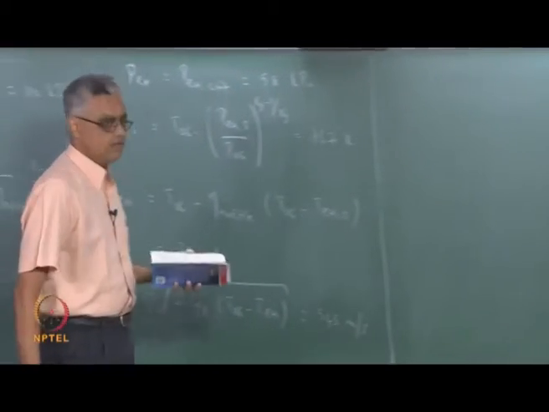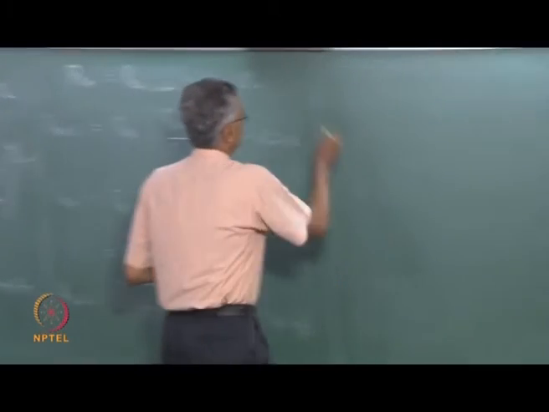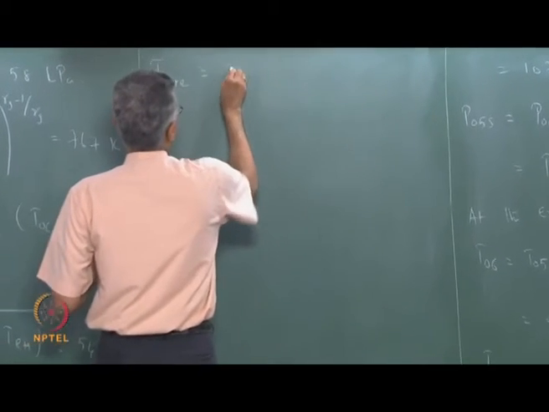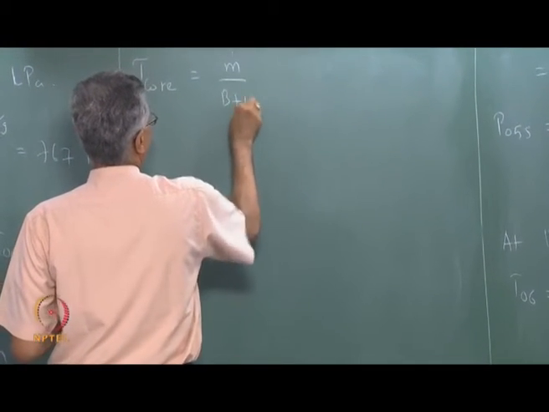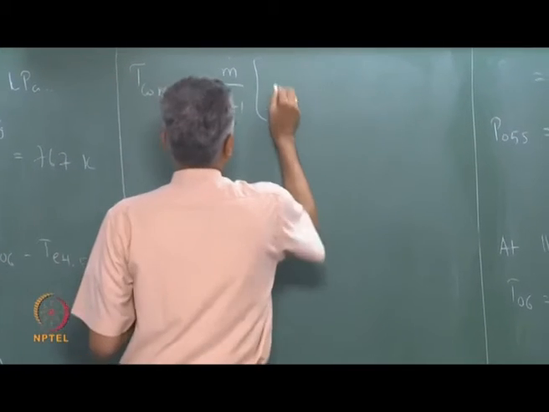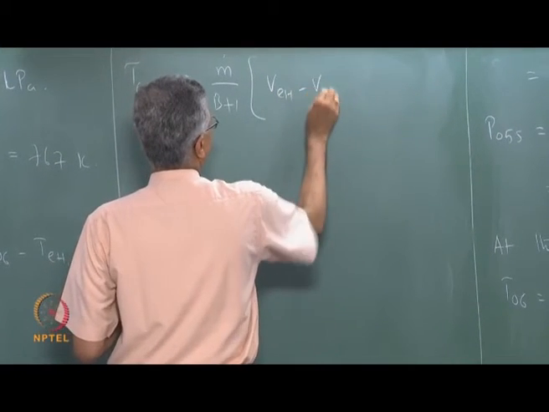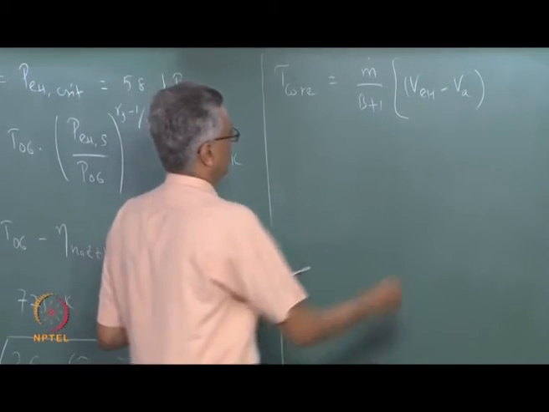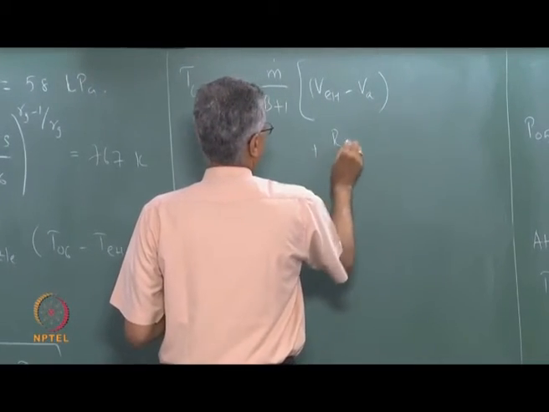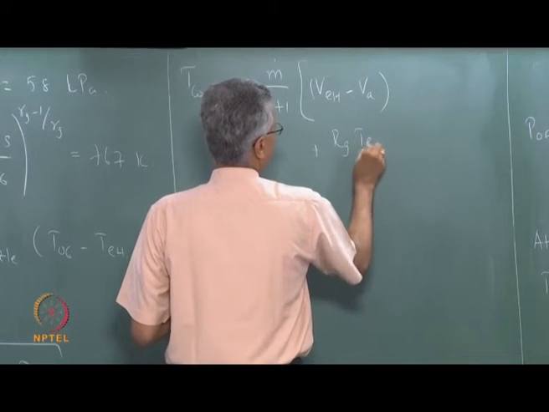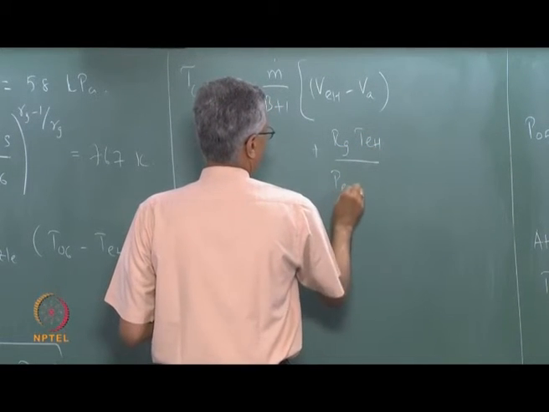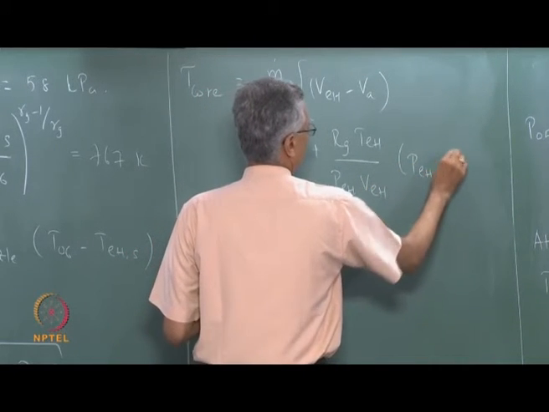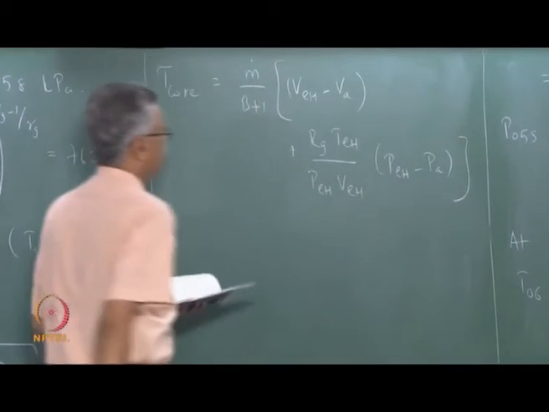So now I can go ahead and calculate the thrust from the core engine. So T from the core engine is equal to m dot over b plus 1 times VEH minus VA, which is the momentum thrust, plus RG times TEH divided by PEH times VEH times PEH minus PA, which is the pressure thrust.